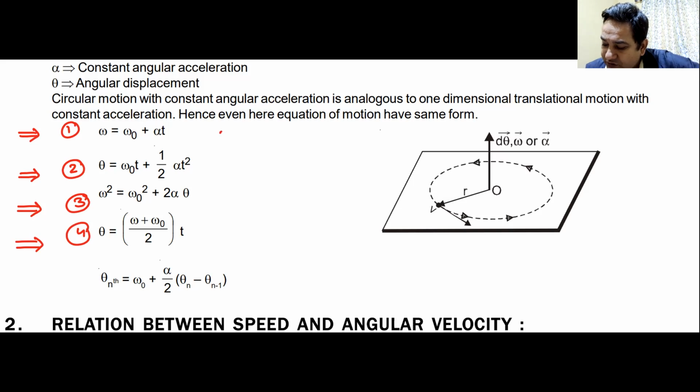I would request you to go through these equations once more, because we would be discussing these equations in detail in the next class to complete our journey for UCM circular motion. Don't worry, we will be covering each and every aspect of circular motion that is required.